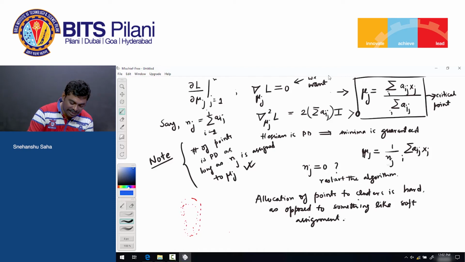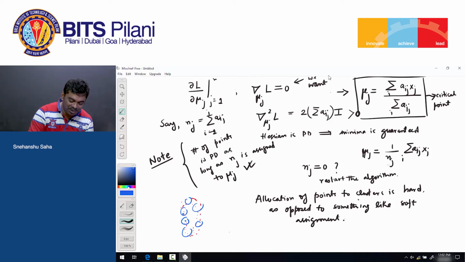Let's say there is a point over here and then a point over here. It will randomly create some bunch of clusters. As long as it creates clusters like this, we have no problem.